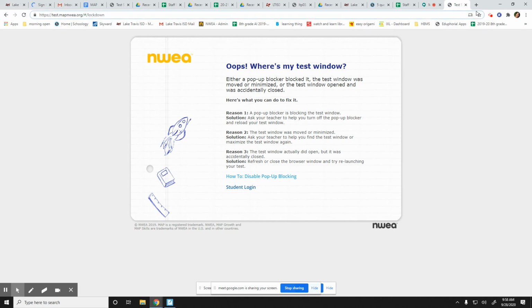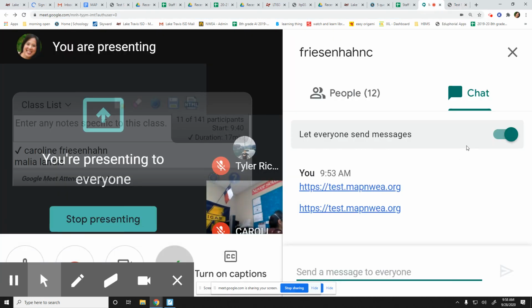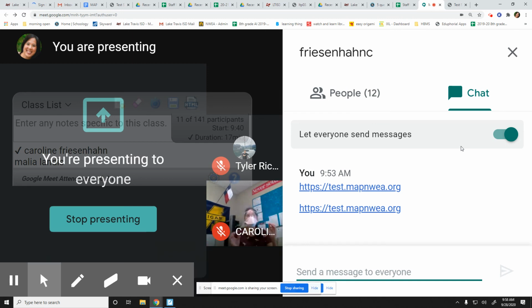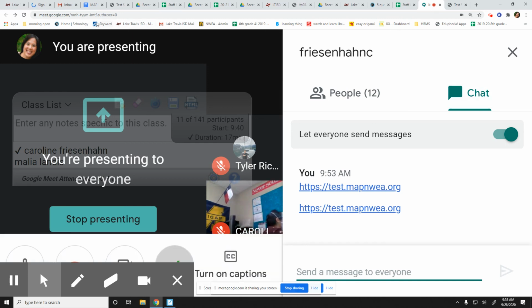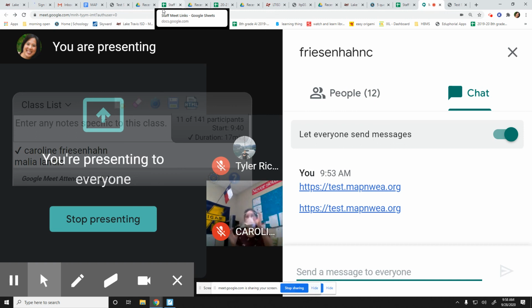There should be a little icon right here. If you click it, it should say something about pop-ups. And if you can't find it, that's okay. Once everyone starts their quiz, you can share your screen with me. Your end goal is to try to get to that screen that says session name, session ID, all that stuff.